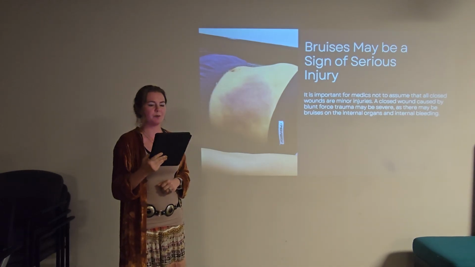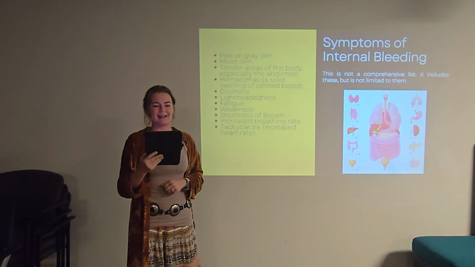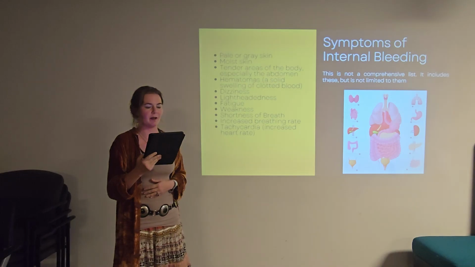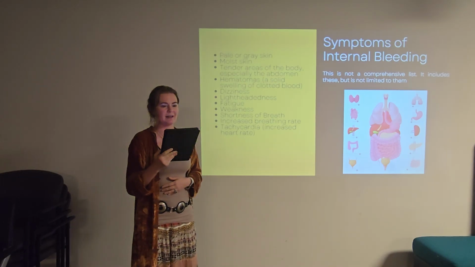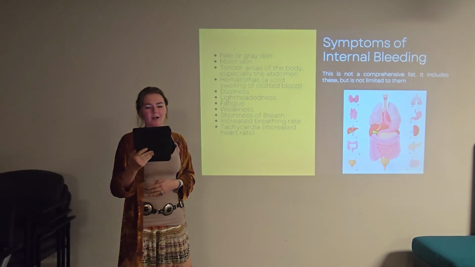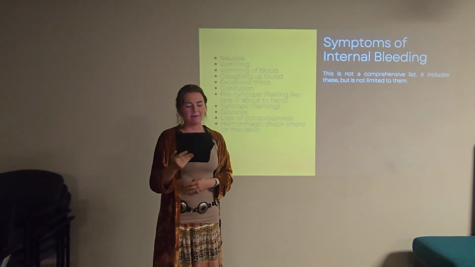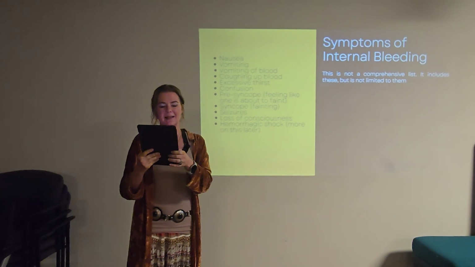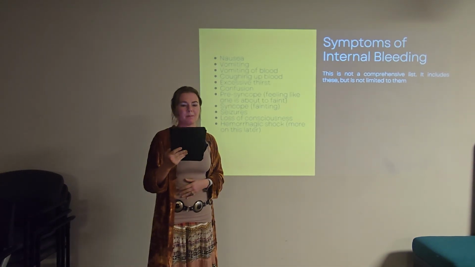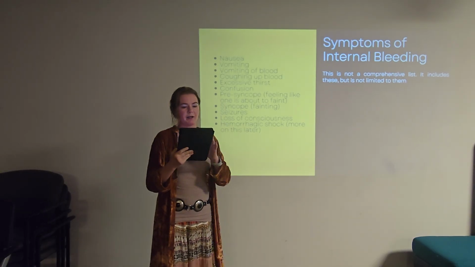Signs and symptoms of internal bleeding include, but are not limited to, pale or gray skin, moist skin, tender areas of the body, especially the abdomen, hematomas, a solid swelling of clotted blood, dizziness, lightheadedness, fatigue, weakness, shortness of breath, increased breathing rate, tachycardia, nausea, vomiting, vomiting of blood, coughing up blood, excessive thirst, confusion, presyncope, which is feeling like one is about to faint, syncope, which is fainting, seizures, loss of consciousness, and hemorrhagic shock, which we'll get into later.